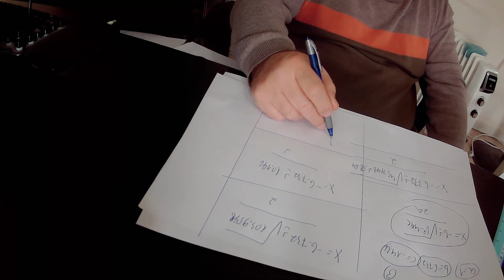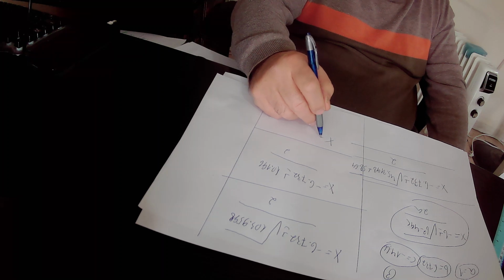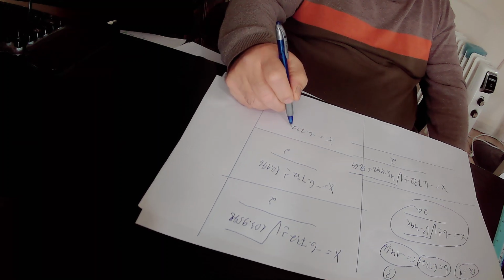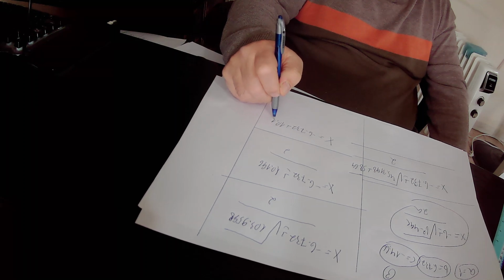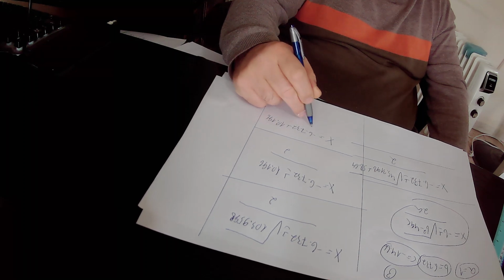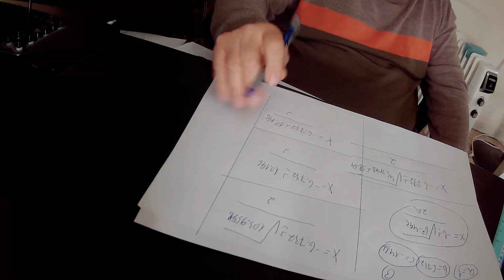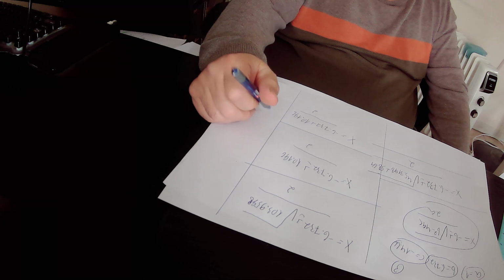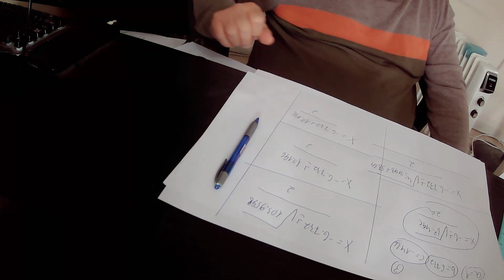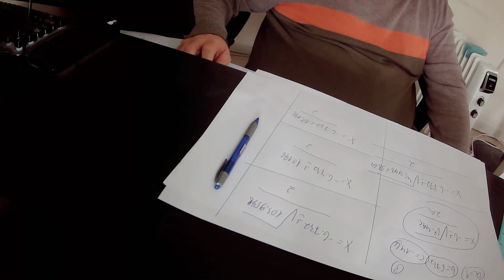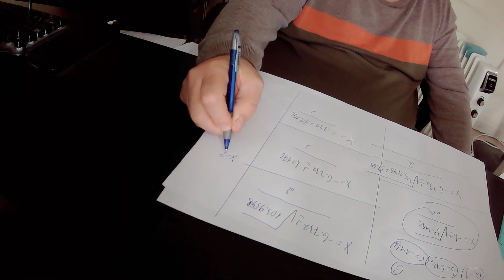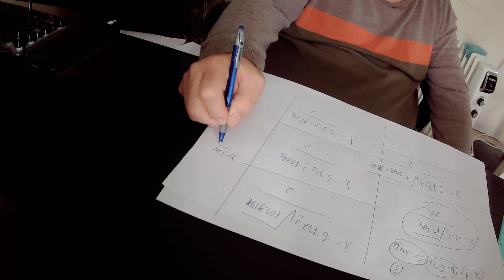The positive solution for x is that x equals minus 6.732 plus 10.196, divided by 2. So x equals 10.196 minus 6.732, that is actually equal to 3.46, divided by 2.